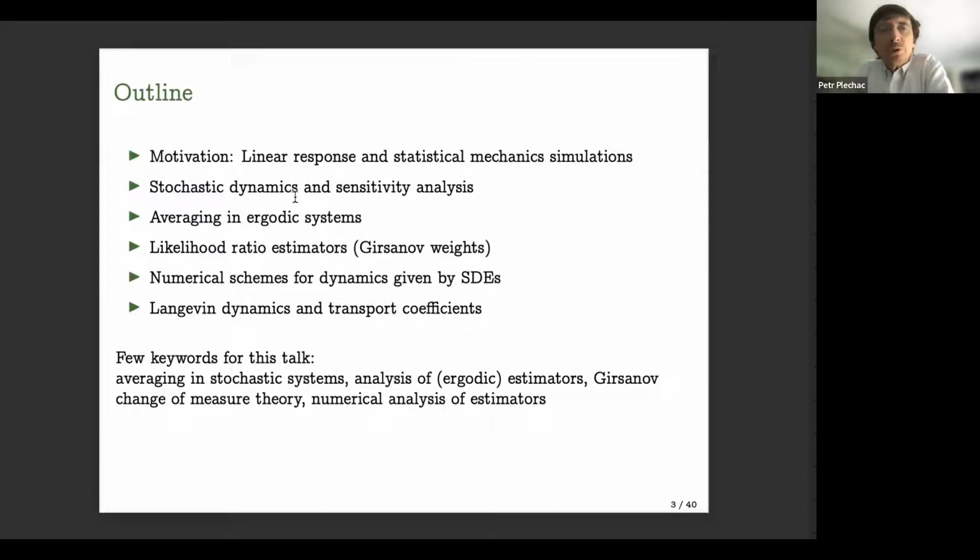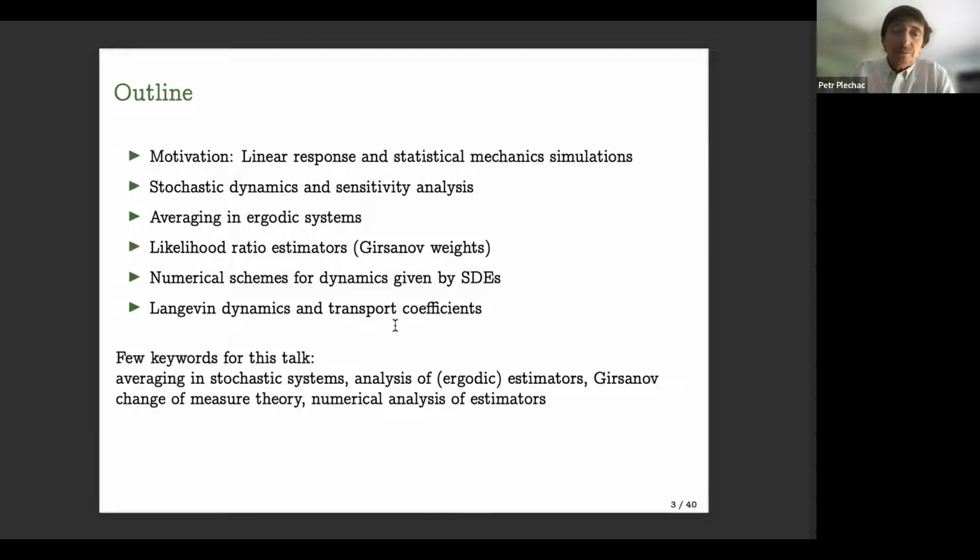I will say a few words about the general principles for computing averages in ergodic systems, and then I will talk mostly about these likelihood ratio estimators which we have developed and how they should be implemented in the numerical schemes for integrating or approximating the solutions of stochastic differential equations, in the way that the scheme is consistent with the numerical discretization of the underlying SDE.